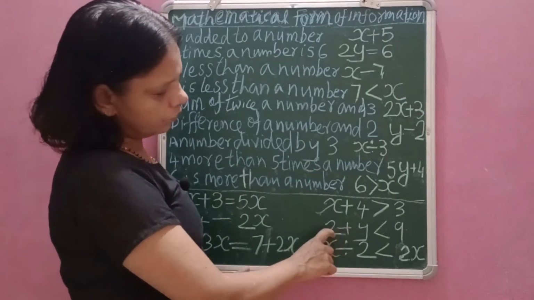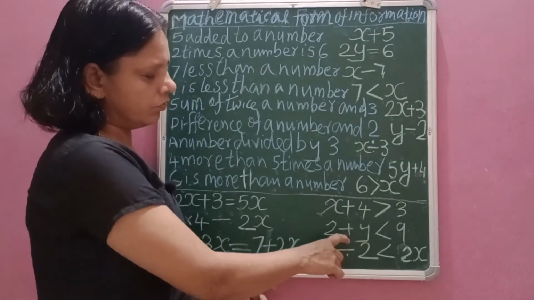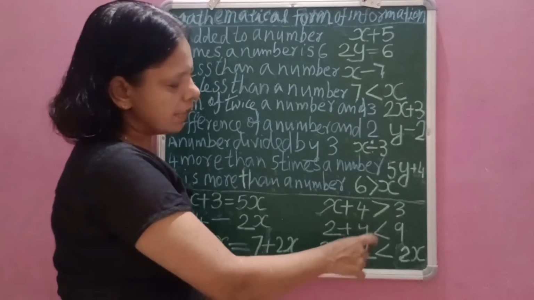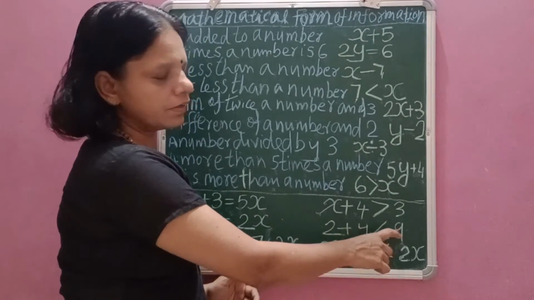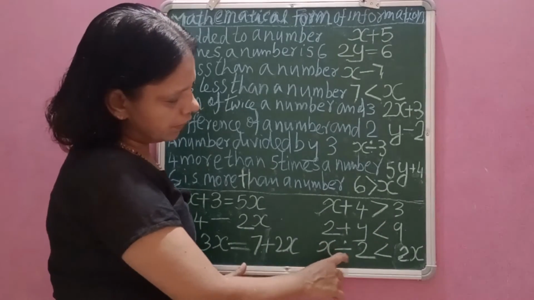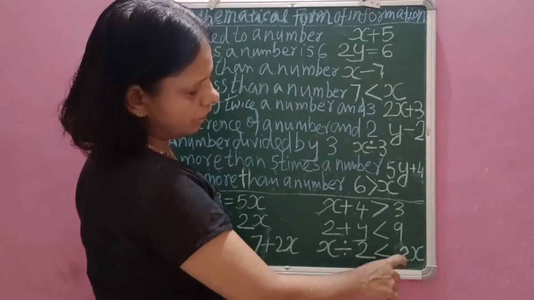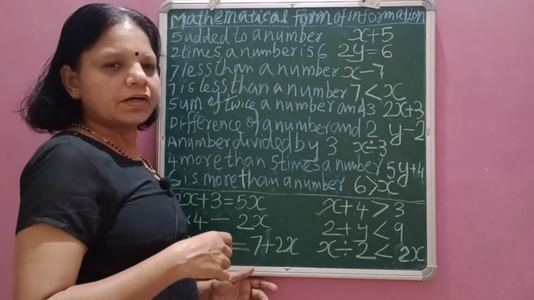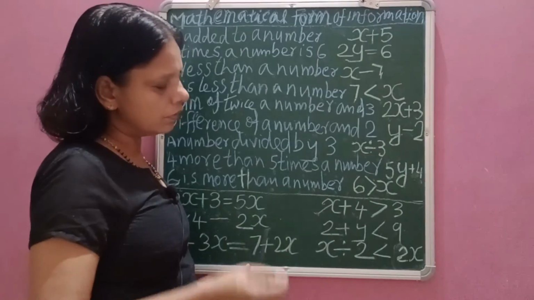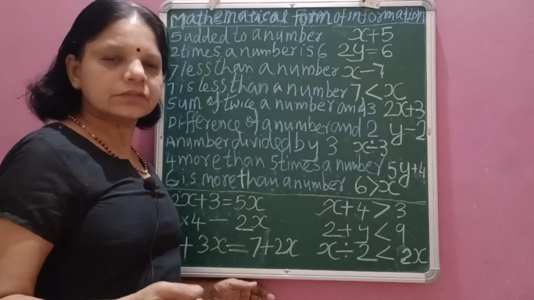Next one, 2 plus y is less than 9. How we will say? Sum of 2 and a number is less than 9. Next one, x divided by 2 is less than 2x. A number divided by 2 is less than twice that number. The same number.